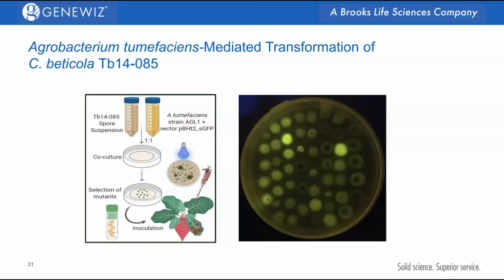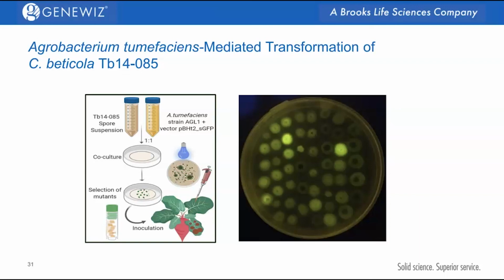You co-culture them together and then you transfer them to a selection medium containing the antibiotic hygromycin. So then you select the fungal strains that grow on these antibiotic-laden plates, and also you shine light on the plate and you can select the fungus that are fluorescing and growing on these antibiotic plates.